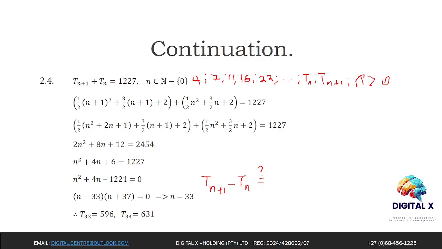And I'm just going to subtract 596 from 631, and you should end up with 35.